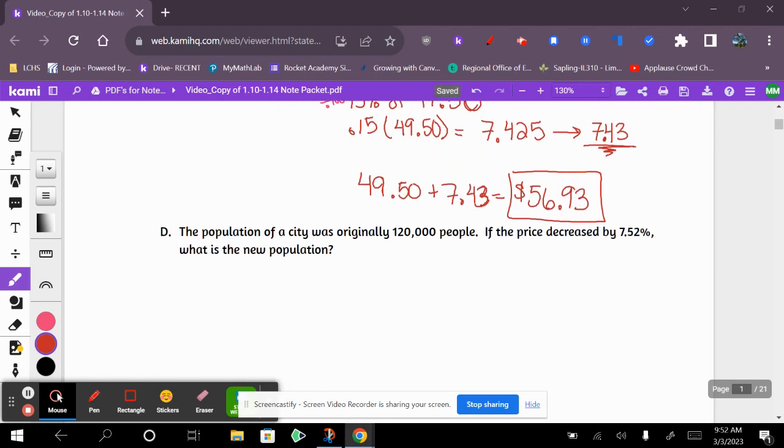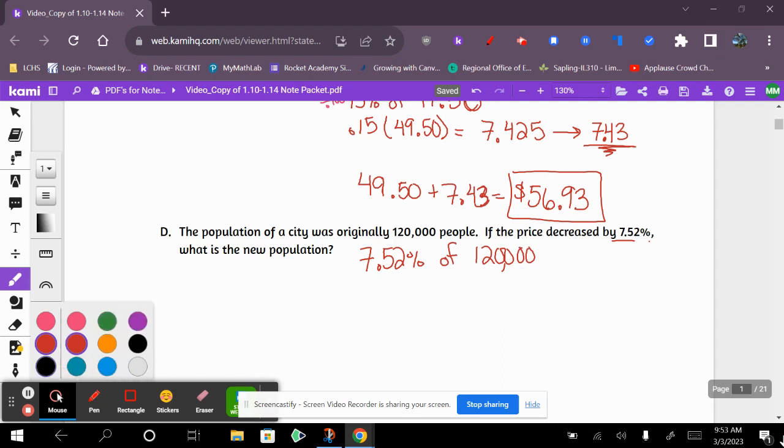For part D, it says the population of a city was originally 120,000 people. If the price decreased by 7.52%, what is the new population? So for this one, again, we're not trying to find a percent change, increase or decrease. We're given what it changes by. So we're going to find 7.52% of 120,000. So to change this to a decimal, I'm going to divide by 100.